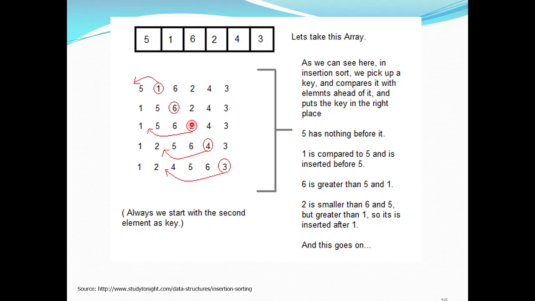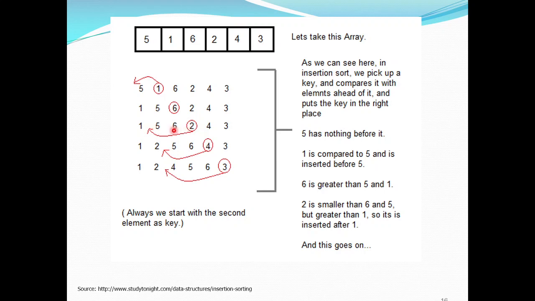The fourth element is compared with the first element. Is 2 less than 1? No. Is 2 less than 5? Yes. That means 2 needs to be inserted between 1 and 5.